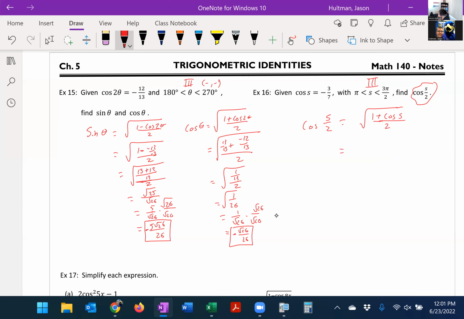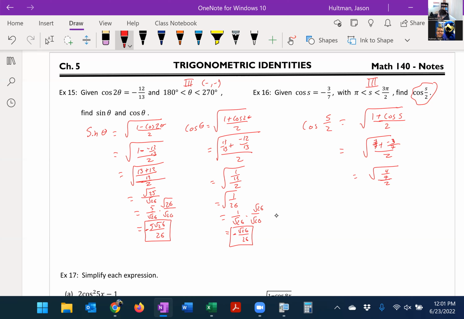Okay, and so this is equal to the square root of 1 plus negative 3 over 7, all over 2. I can make this 7 over 7. So this is 4 over 7 all over 2.